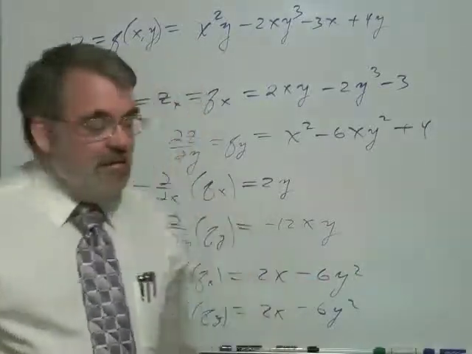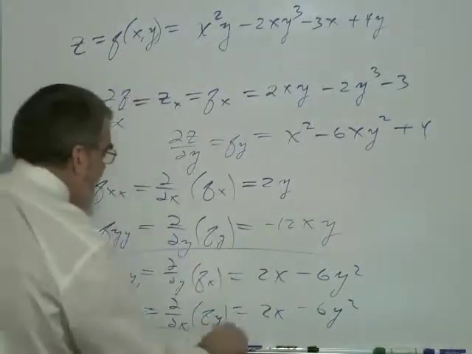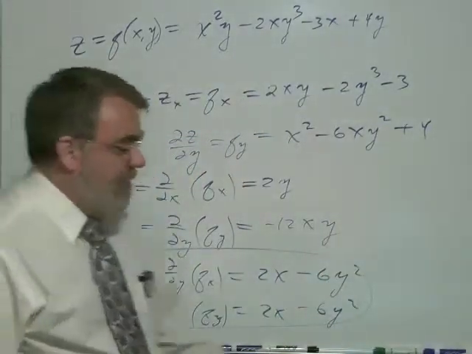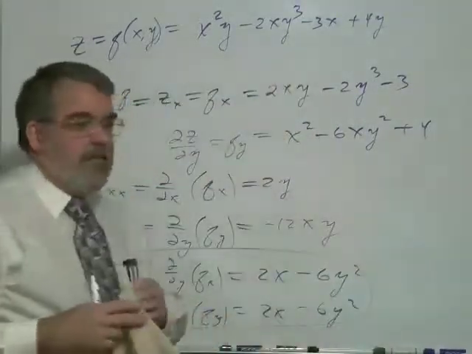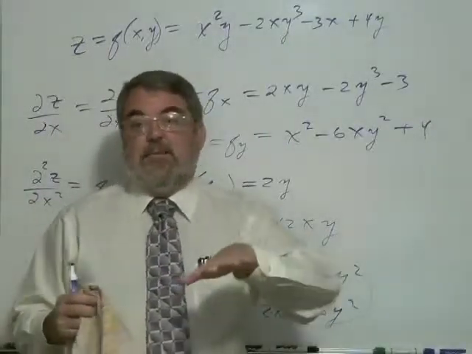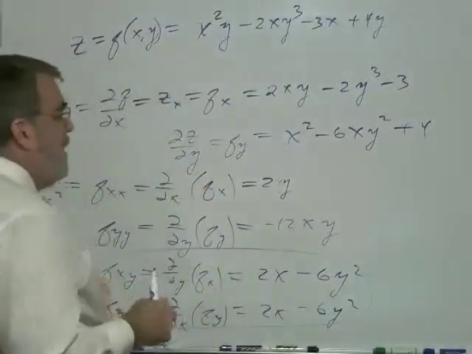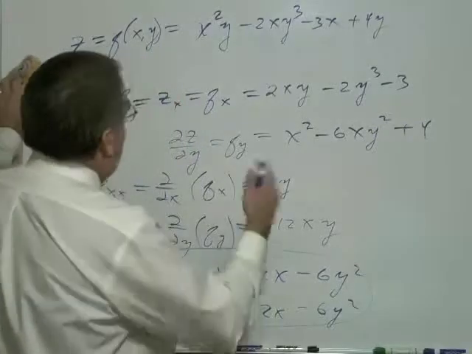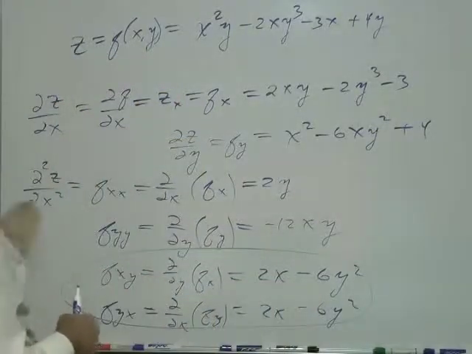Now here's something that's really nice. You notice that these two came out to be the same. And that's not a coincidence. It turns out if across the xy plane the function is continuous across, I think it's a simply connected open domain or something like that, there's some technical details we'd have to read into here.